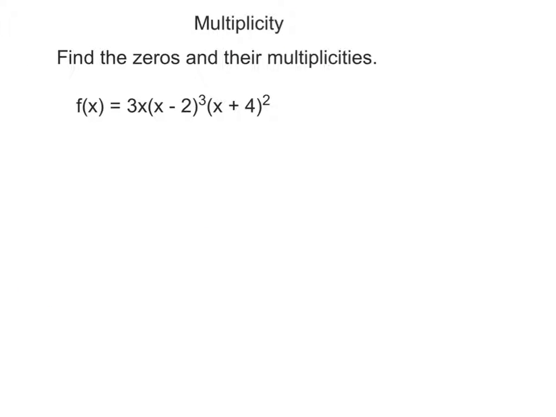The last thing I want to talk about here are multiplicities and zeros. Now remember, a zero is given by the factor. The difference on this problem is here I have an exponent of 3 and an exponent of 2. The deal with multiplicities is anytime you have an even exponent, that's an even multiplicity. So anytime you have that even exponent, it's just going to touch the x-axis.